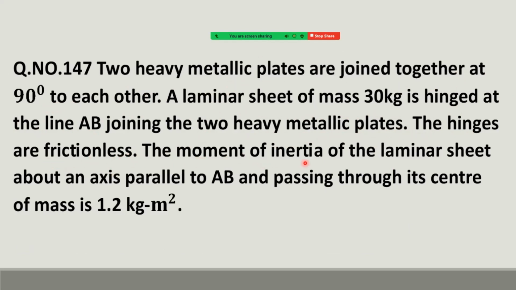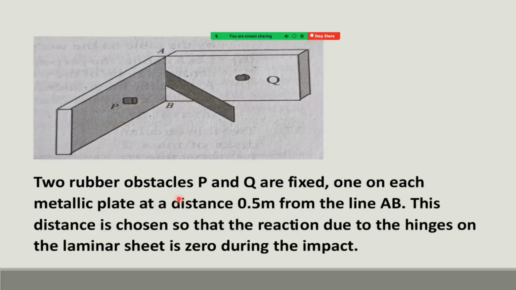The moment of inertia of the laminar sheet about an axis parallel to AB and passing through the center of mass is 1.2 kg meter square. We can see the diagram here. Two rubber obstacles P and Q are fixed, one on each metallic plate at a distance 0.5 meter from the line AB.